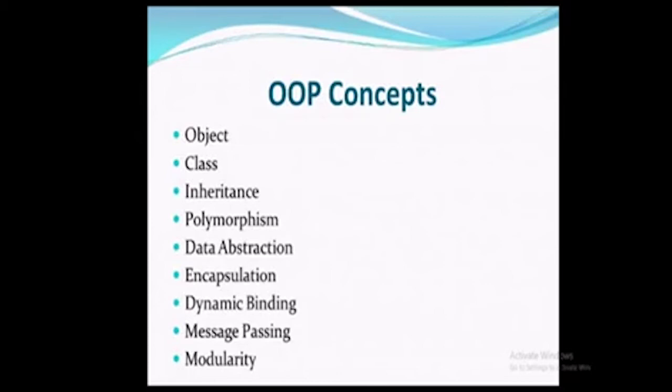Next one is abstraction, data abstraction. Data abstraction refers to the act of representing the essential features without including the background details or explanation. Classes use the concept of abstraction and are defined as a list of abstract attributes such as size, weight, and cost, and functions that operate on these attributes.